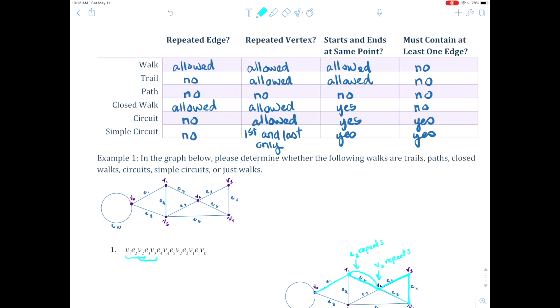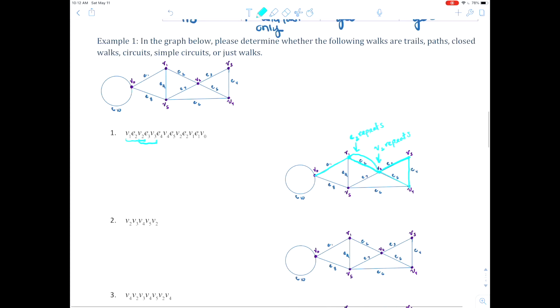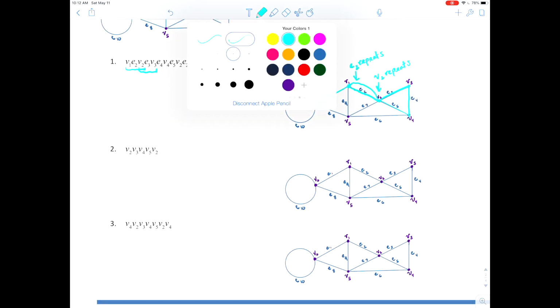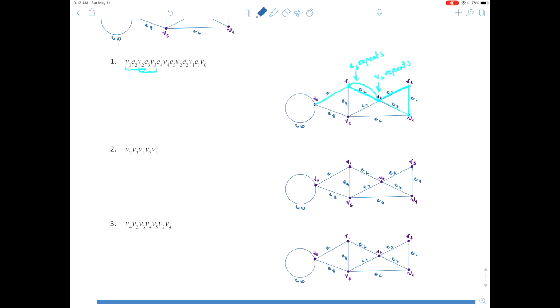So the only possibilities, if you look at it, are a walk or a closed walk. But did it start and end at the same point? No. So this is just a walk. Good so far? All right.